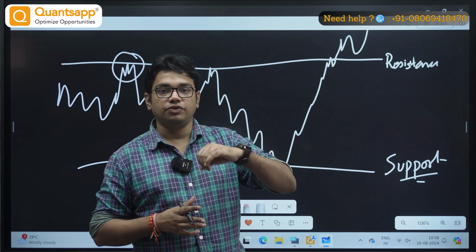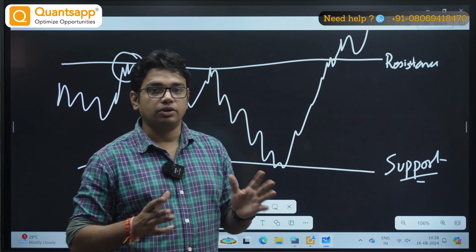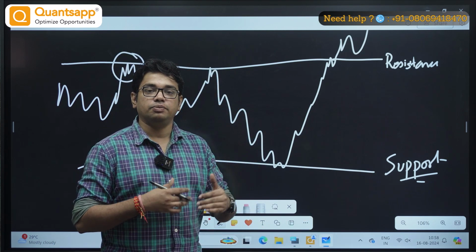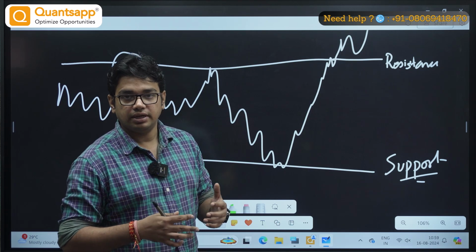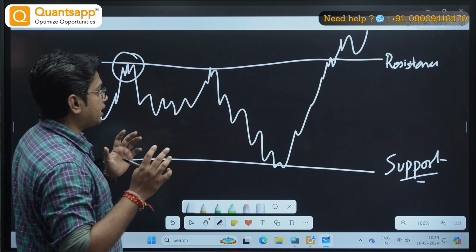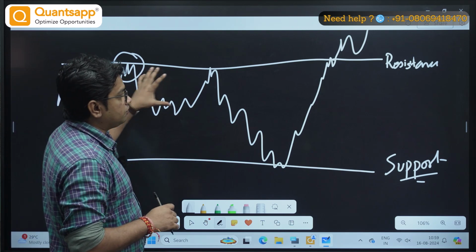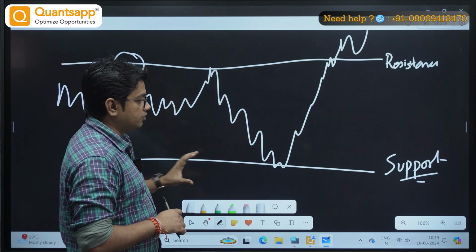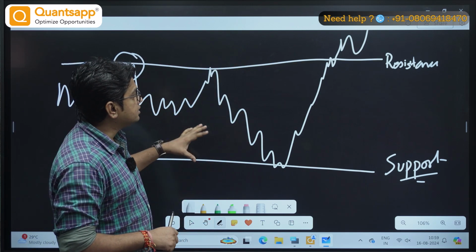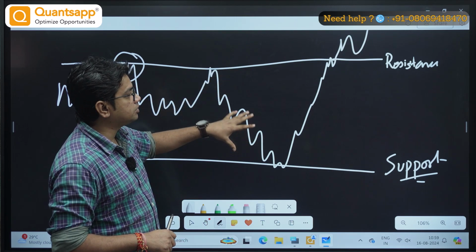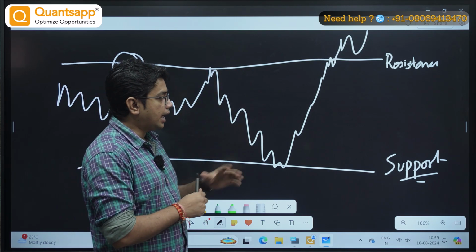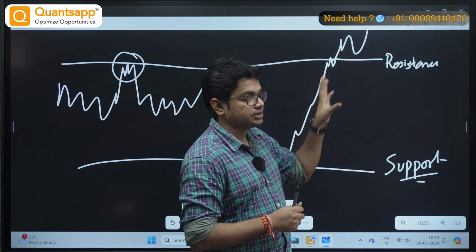If you want to infuse some patterns also, you are welcome. You can improve your strategy on a real time basis, but right now focus over here. When we are marking the resistance and the support, price goes down and up, up and down, and it respects that particular resistance and support.